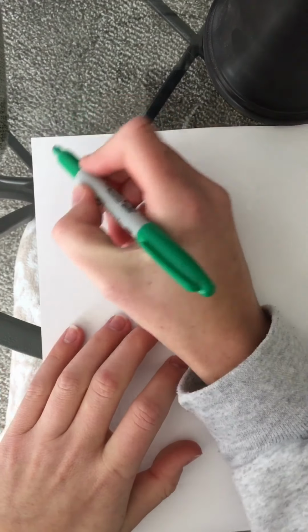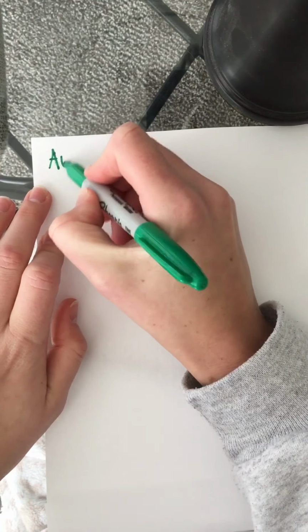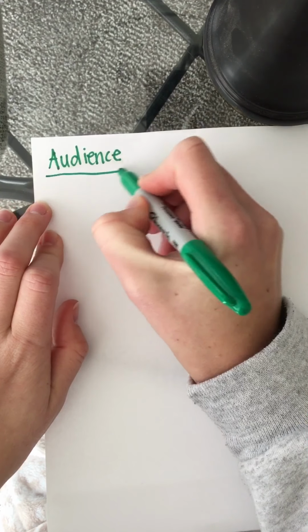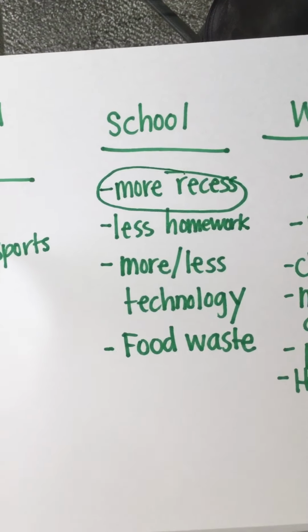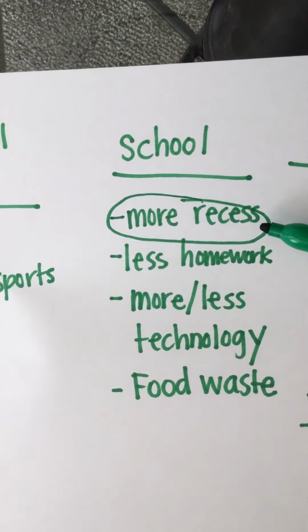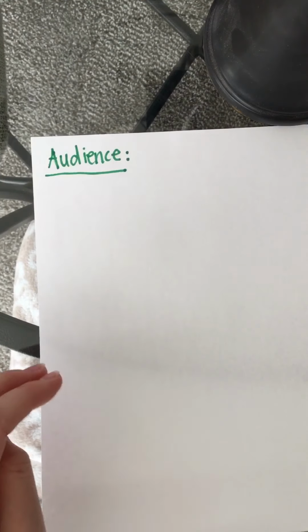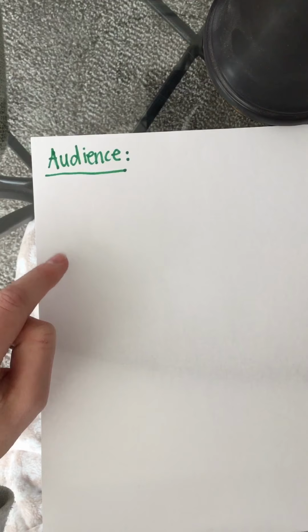The first thing I want to do is think about my audience. Now, who am I writing to? If we remember yesterday, we chose to talk about more recess at school. So I'm going to start to brainstorm different audience members to target.